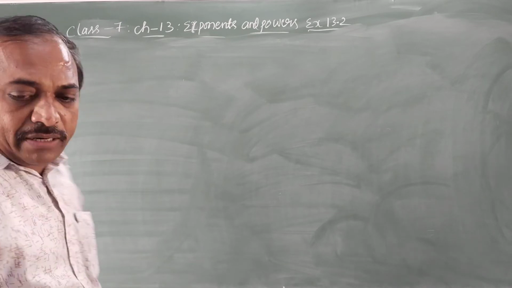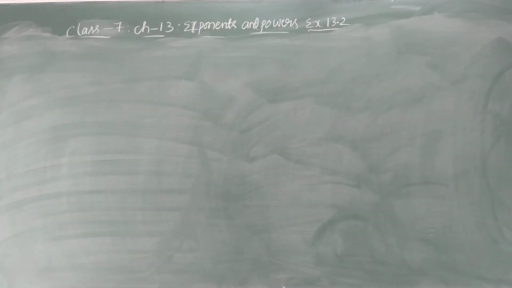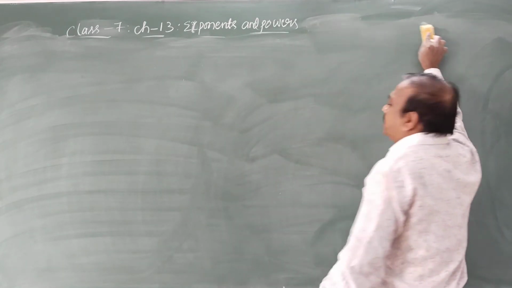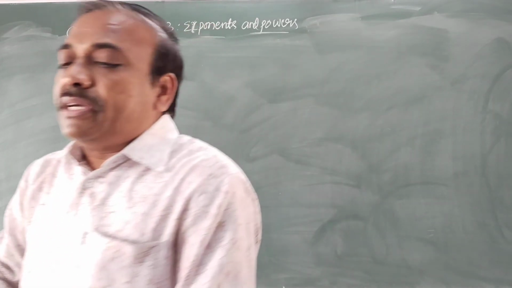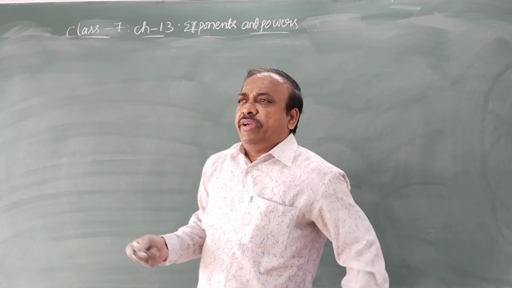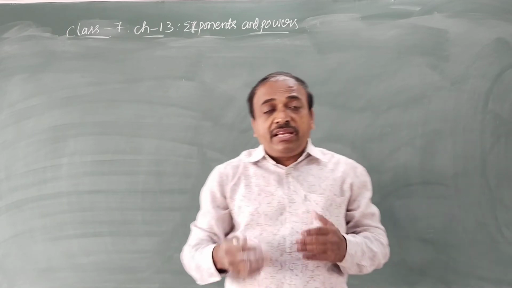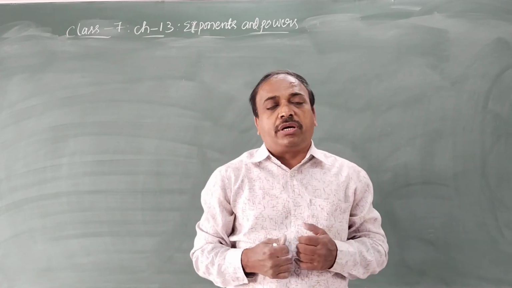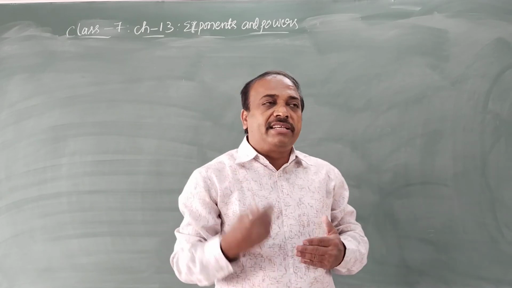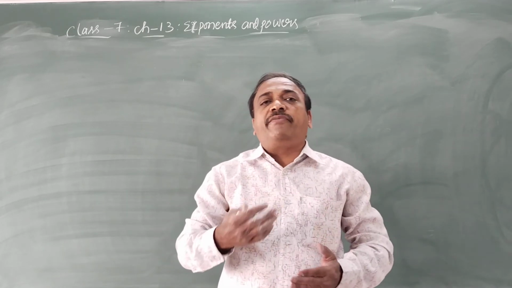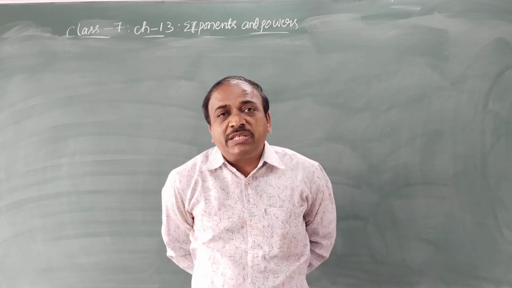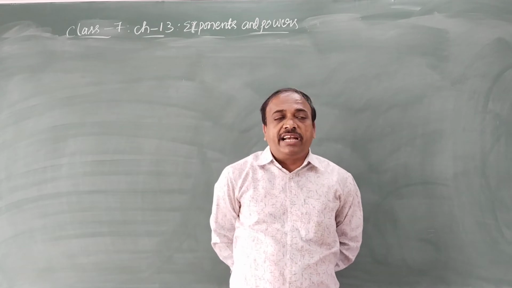Until now we have discussed exercise questions 13.2, but now we are going to discuss another related topic, which is about very large numbers. How do we express very large numbers? We learned in earlier classes how they are formed using the place value chart: which place it is, the 1000 place, the 100 place, and so on. How to write large numbers in expanded form, as well as how to express very large numbers in standard form.